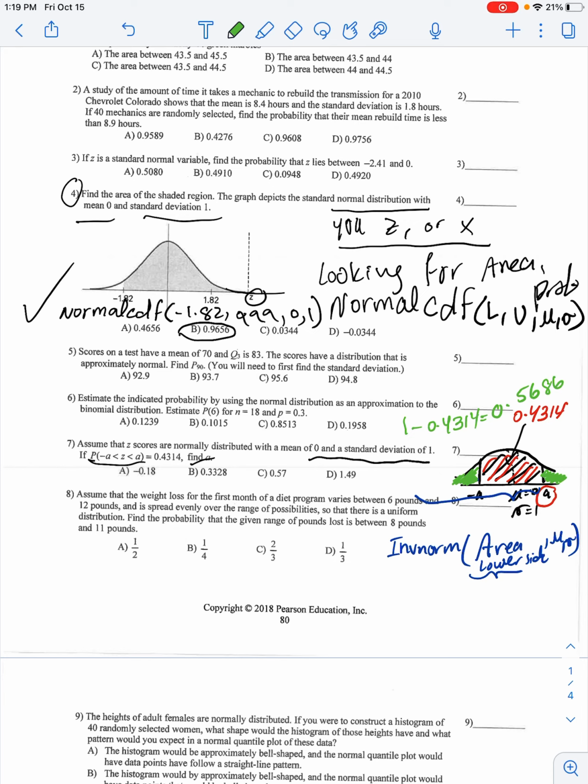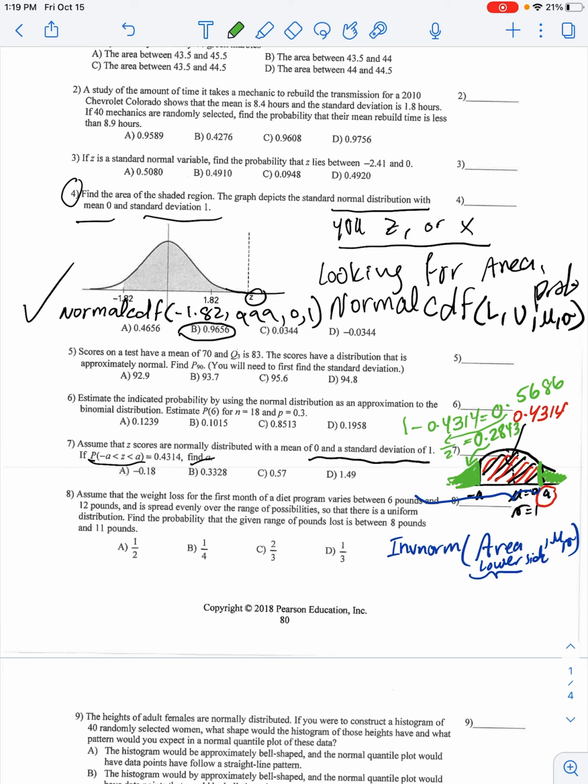So that's the green together, but I need only one of the greens to add to the red, to be the lower side of A. So in order to find one of the greens, I need to divide that by 2. So I divide this result by 2, and I get 0.2843. That's this green right here.